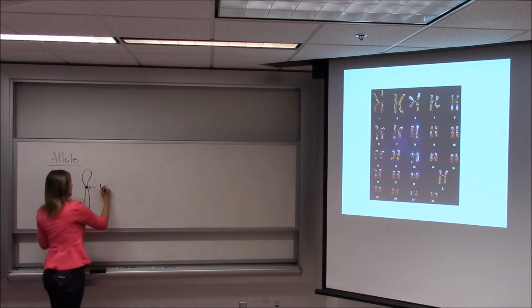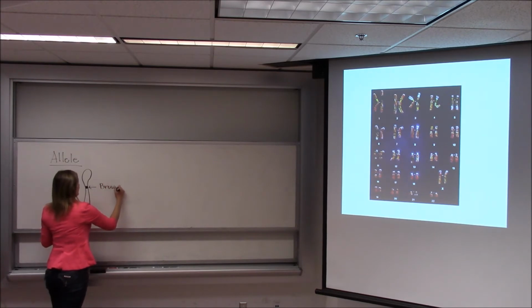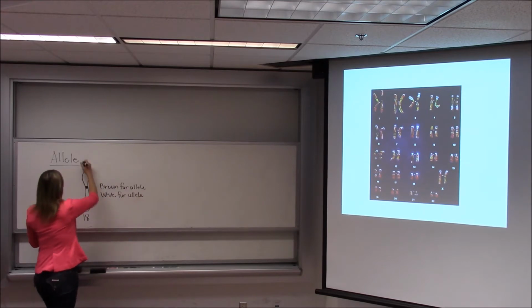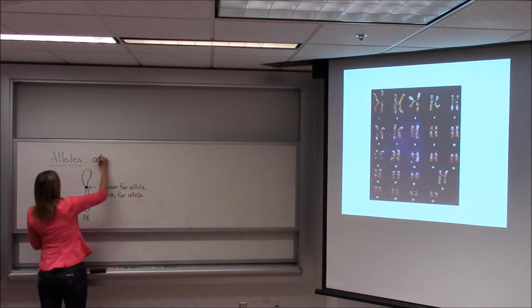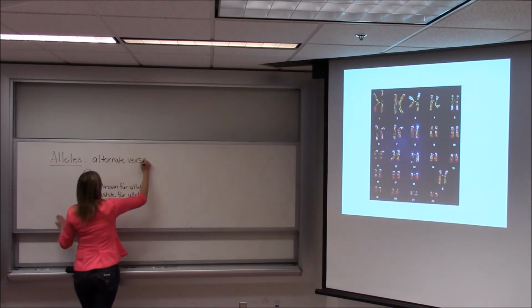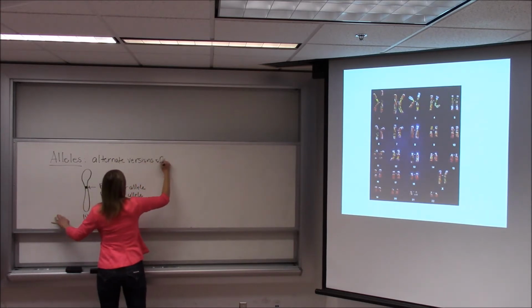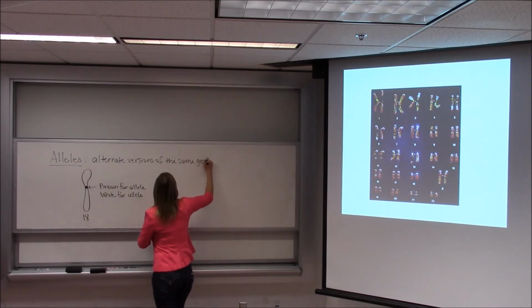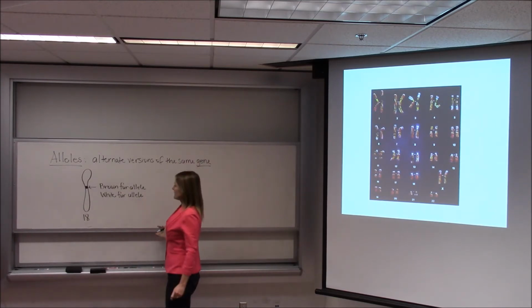We could have the brown fur allele, or we could have the white fur allele. Those are our 2 possible choices. So alleles are alternate versions of the same gene. What is a gene? We've talked about this term before, but let's just remind ourselves.